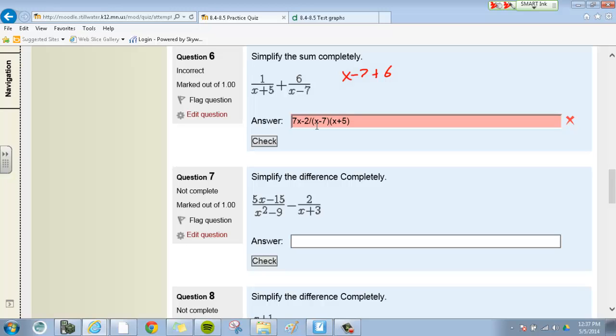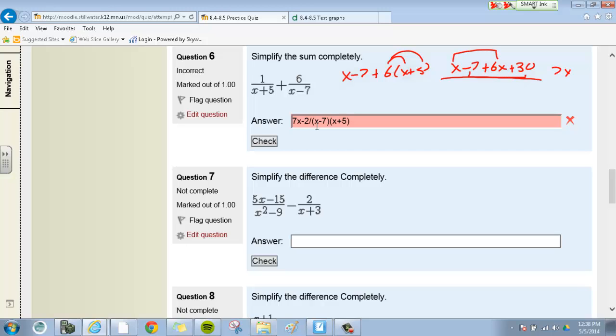What is this? We got x minus 7 on top. Plus 6. Oh, is that plus 30? Oh, I'm sorry, everyone. 6 times x plus 5. So it should have been x minus 7 plus 6x plus 30. Oh, embarrassing.